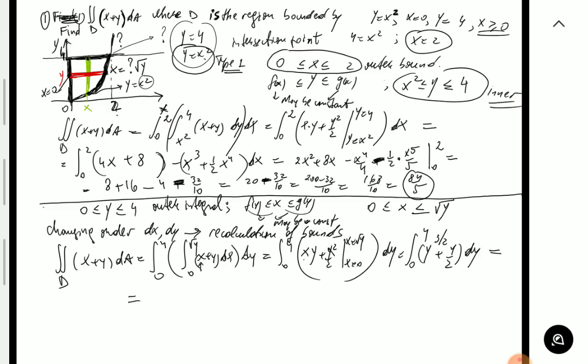All right, so finally the integral in terms of y: 3 halves plus 1 is 5 over 2, so it's 2 over 5 y to the 5 over 2, plus 1 half times y squared over 2, between 0 and 4. Plug in 4: 2 over 5 times 4 to the 5 over 2, plus 1 fourth times 4 squared, and then minus 0.